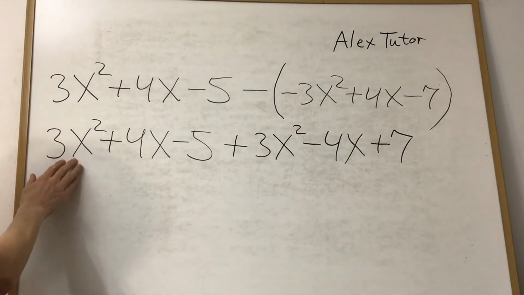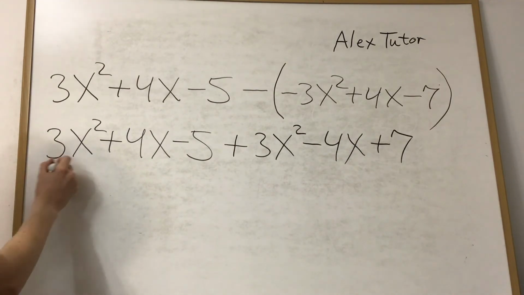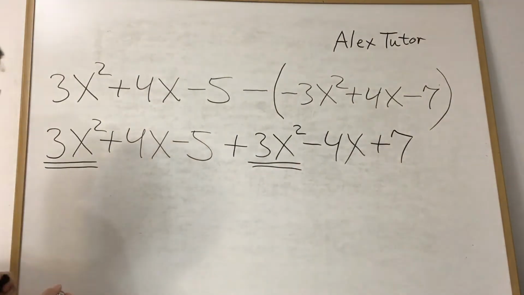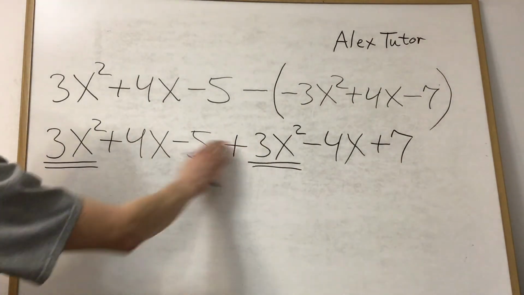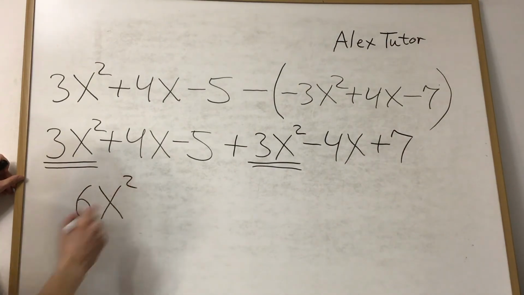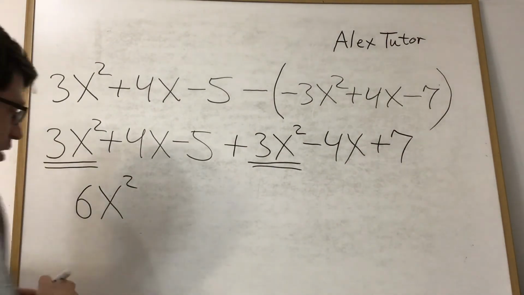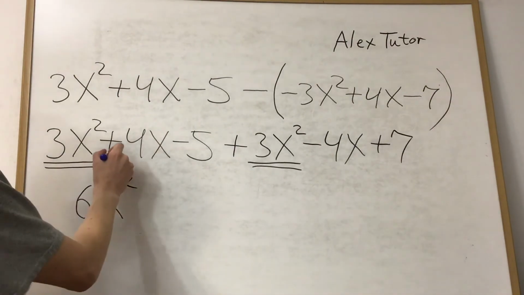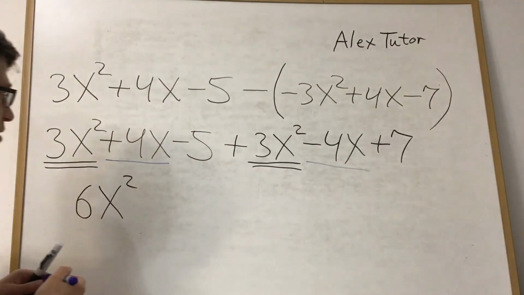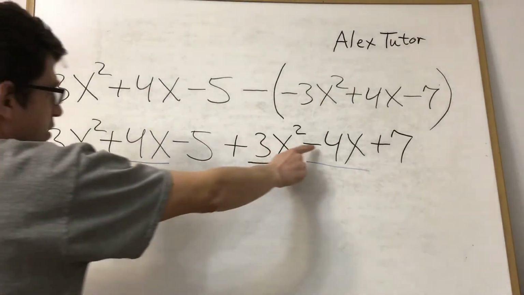I have 3x to the power of 2, and I have another 3x to the power of 2. Both of them are positives, so it's 6x to the power of 2. Now I have positive 4x and negative 4x. How much is 4 minus 4?